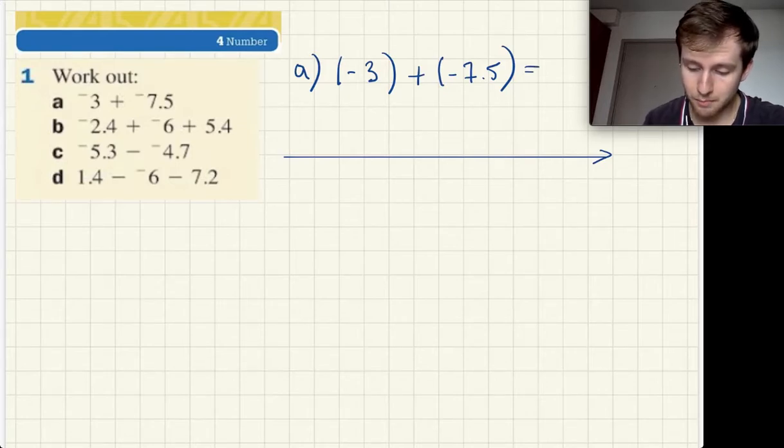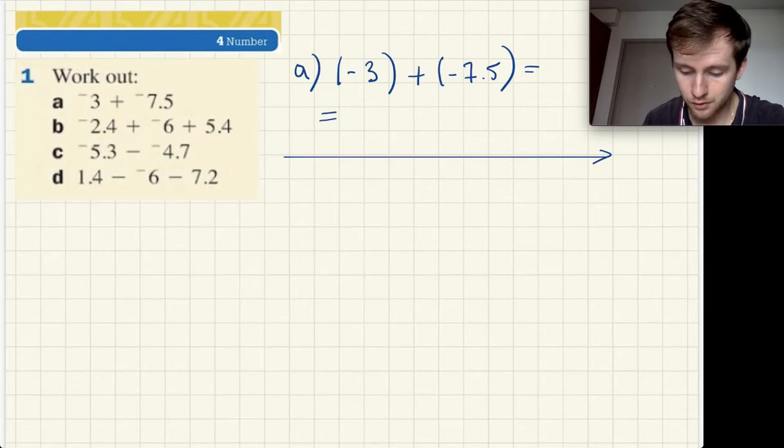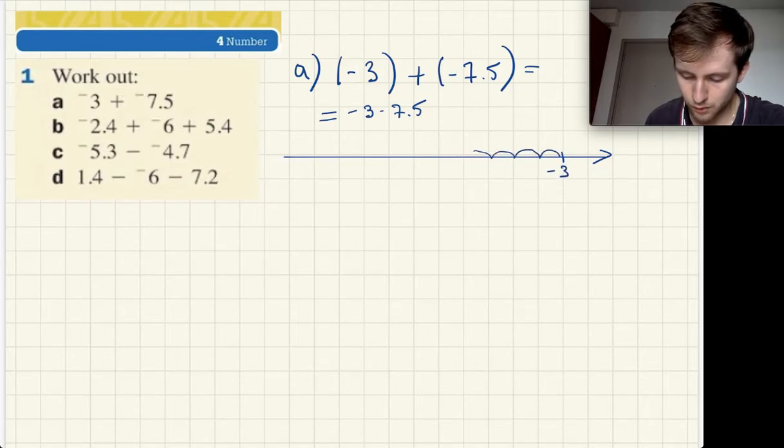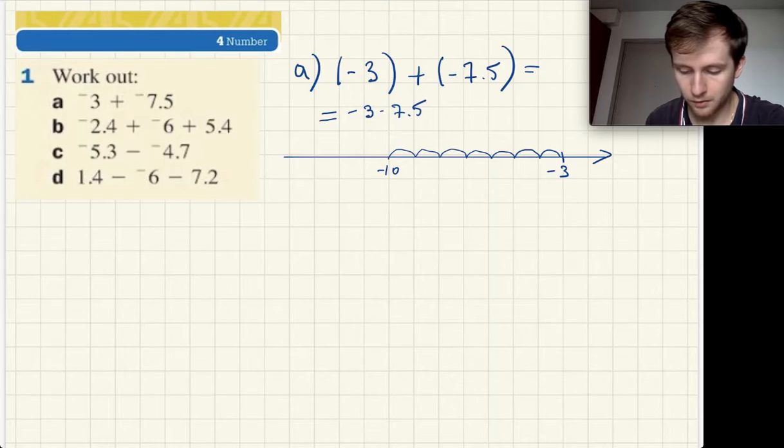Again, plus and minus, they give you a minus. So it's -3 minus 7.5, like this. And so what we have to do is we get, let's say -3 is here, and we have to go left. 1, 2, 3, 4, 5, 6, 7. 7 left. We will end up at -10, right?